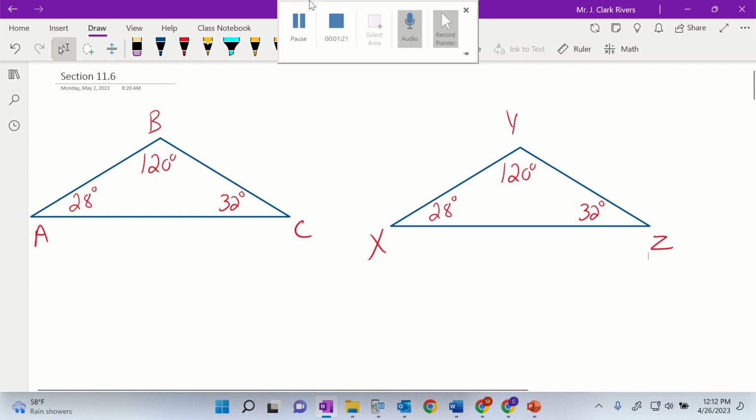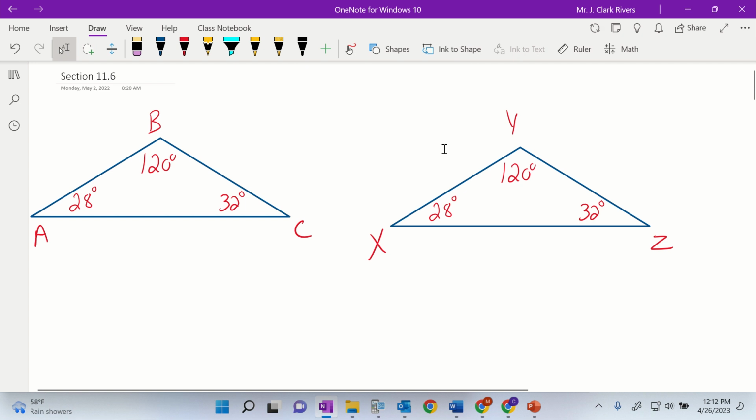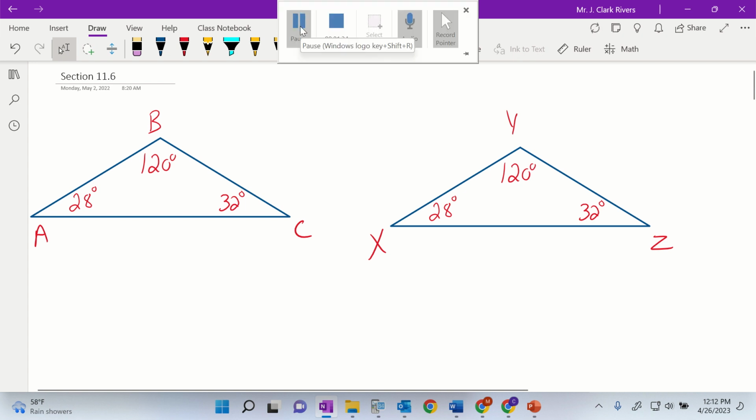They're congruent, right? How do you know they're congruent? Because I copied and pasted it. That means the lengths did not change, the angles did not change. Like two identical twins, these two triangles are identical to each other. These two triangles are congruent to each other.